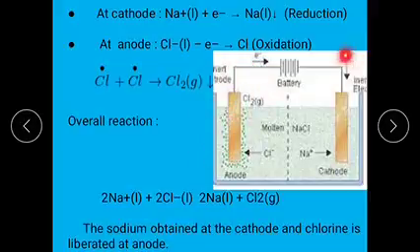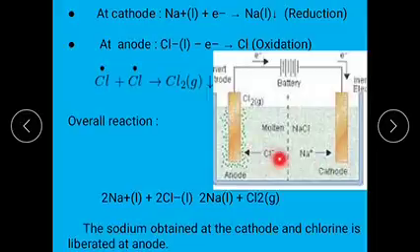Let us see this picture. Here we are taking molten NaCl and two electrodes, and these are connected through a battery. When we pass electricity through it, the molten NaCl splits into Na plus and Cl minus.